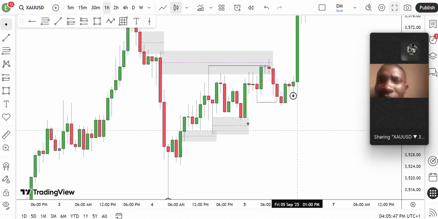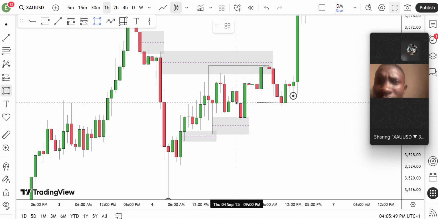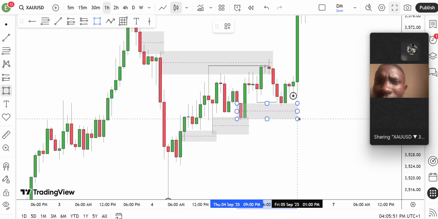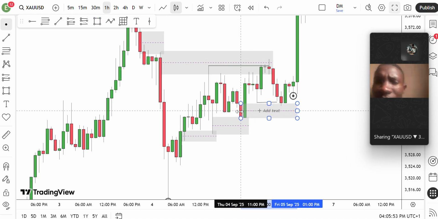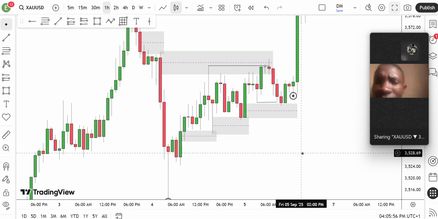So we had price do that, and then we had this one as another block. Another block is like the last red candle before a full-time buy, or the last green candle before a full-time sell.